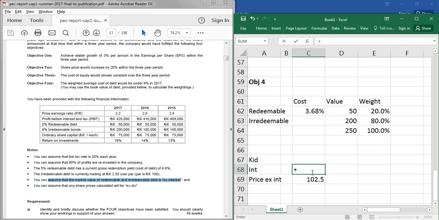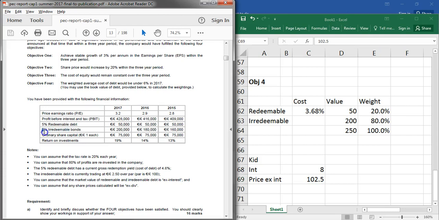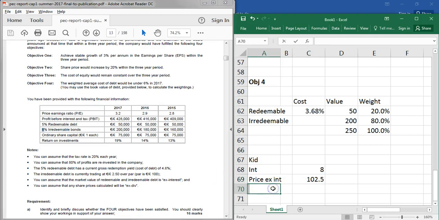And the interest, if it's 100 at par, will be 8, because each bond is 8%. So KID will be the interest divided by the price, which is 7.8%. And remember, we want it after tax, because it is a bond, it is debt, and interest on debt is tax deductible. So it's 7.8 times 1 minus the tax rate.